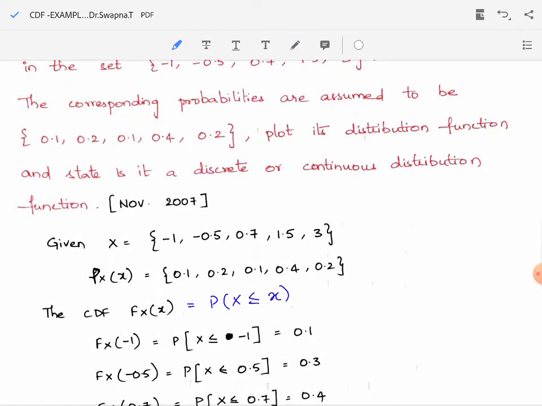So Fx of -1 is equal to p of x less than or equal to -1. For p of x less than or equal to -1, we have only one value, 0.1 for -1. So p of x less than or equal to -1 is equal to 0.1.